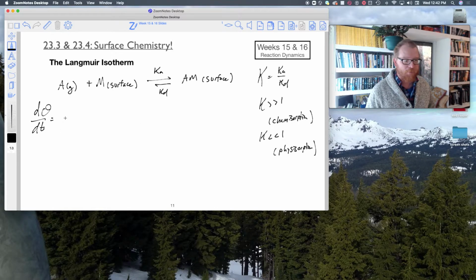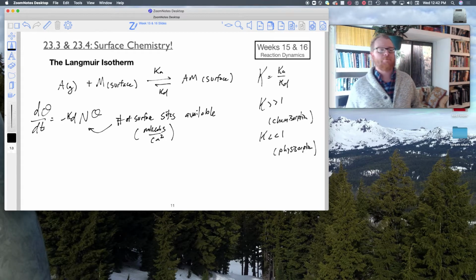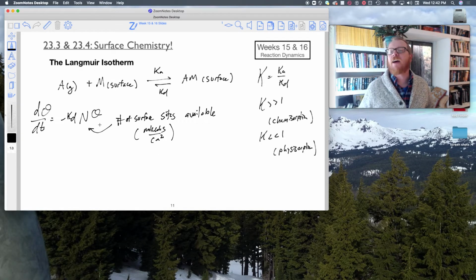That's going to be negative Kd times n times theta, where n is the actual number of surface sites available in molecules per square centimeter, because this is a surface, right? It's not a volume. And n times theta gives us the weighted availability of surface sites, okay?